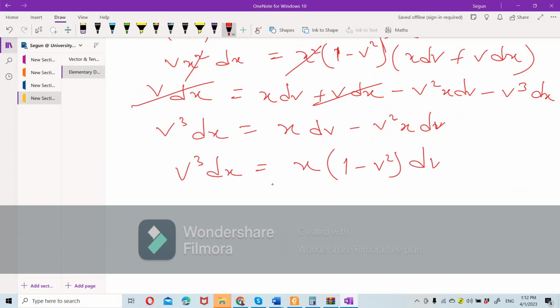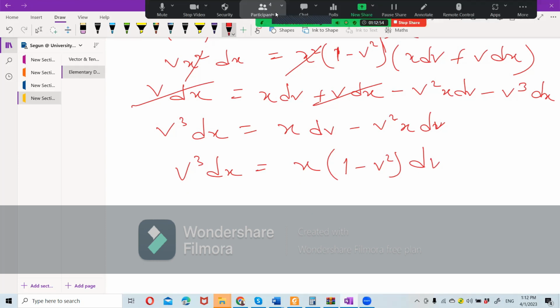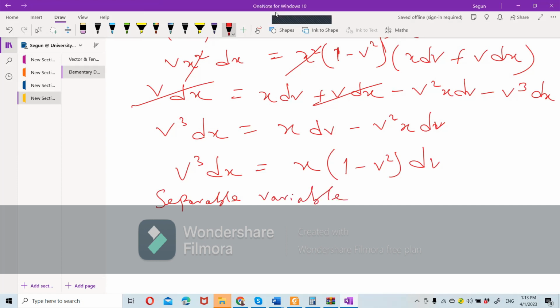So in this case now, the best thing for us to solve is what? We can use separable variable now. For separable variable, what do we need to do?